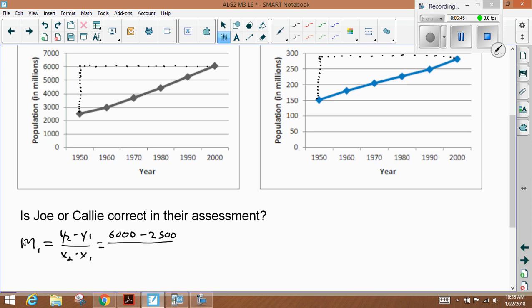Let's call this year... anyhow, trying to figure out our x values. We could use 1950. It's really better to call this year 0, 1, 2, 3, 4, and 5. It's a nicer way to represent this. And if we do it in that way, it's fine.